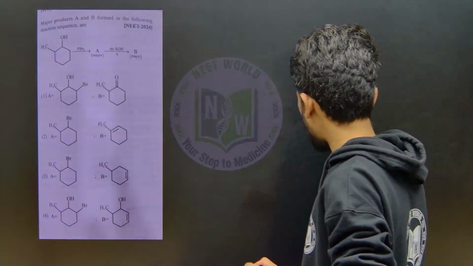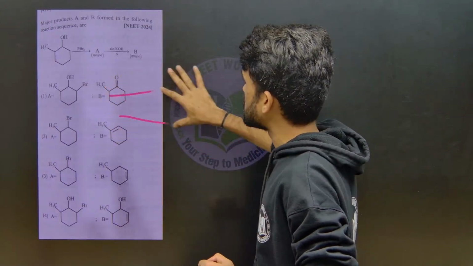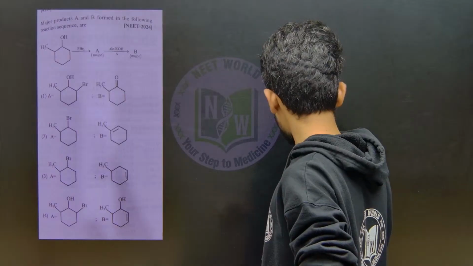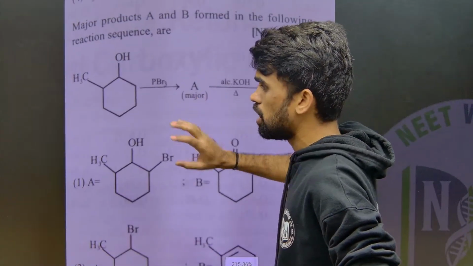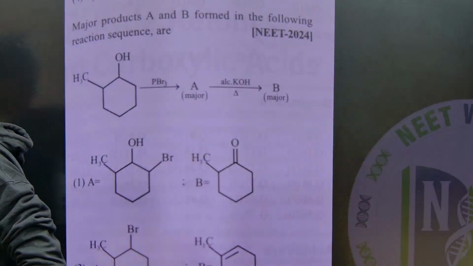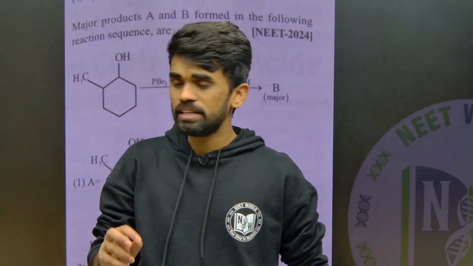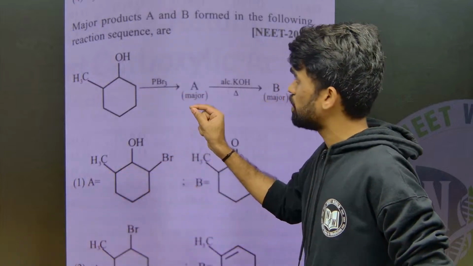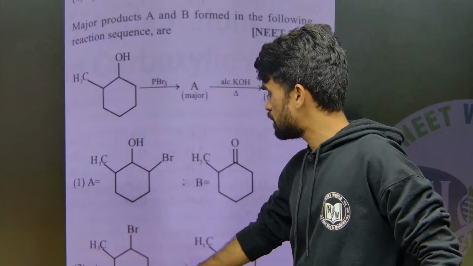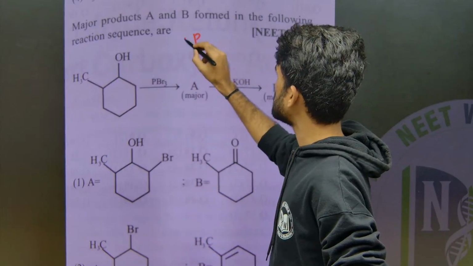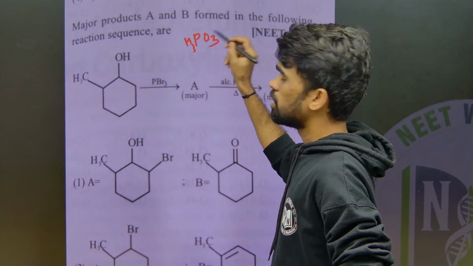Again, whatever we discussed for the first question, I told you now, I have taken PCl3 with alcohol, and we got some product, and I told you H3PO3 as a byproduct in that case.